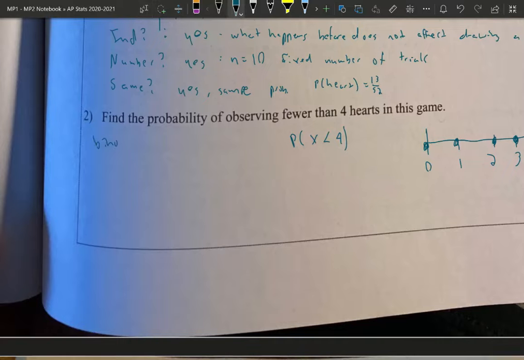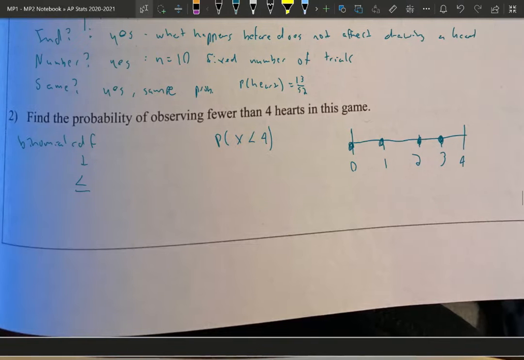CDF, if you recall, is less than or equal to, it's cumulative. And that is what we are going to use right here, because essentially we have less than or equal to 3. So what we're going to use is the probability that X is less than or equal to 3.